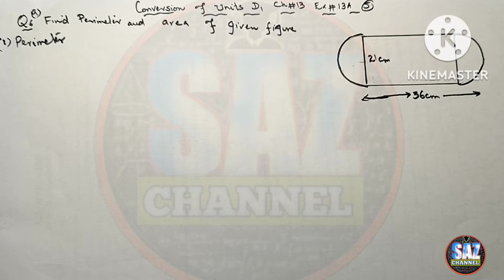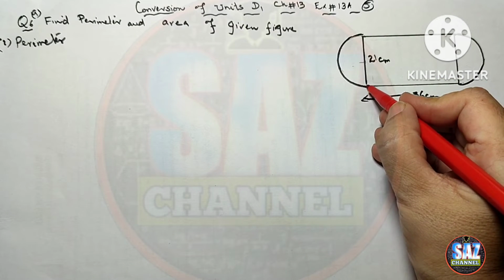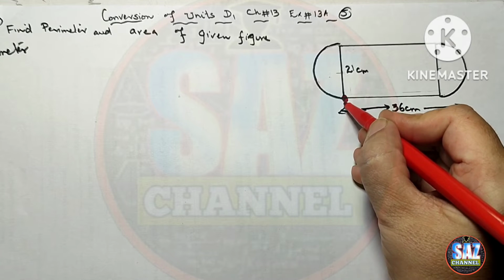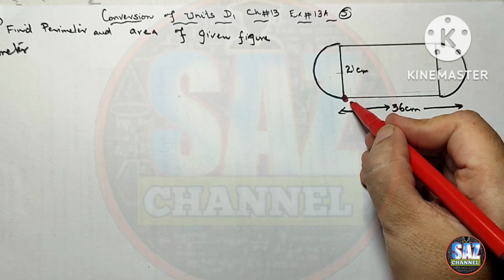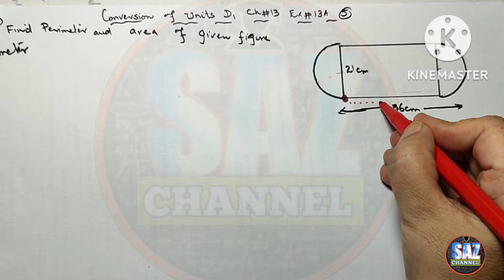So let's first discuss and make our mind about the question. What is the concept of perimeter? For perimeter, we have to fix a point on the outer boundary and start moving outside the shape.